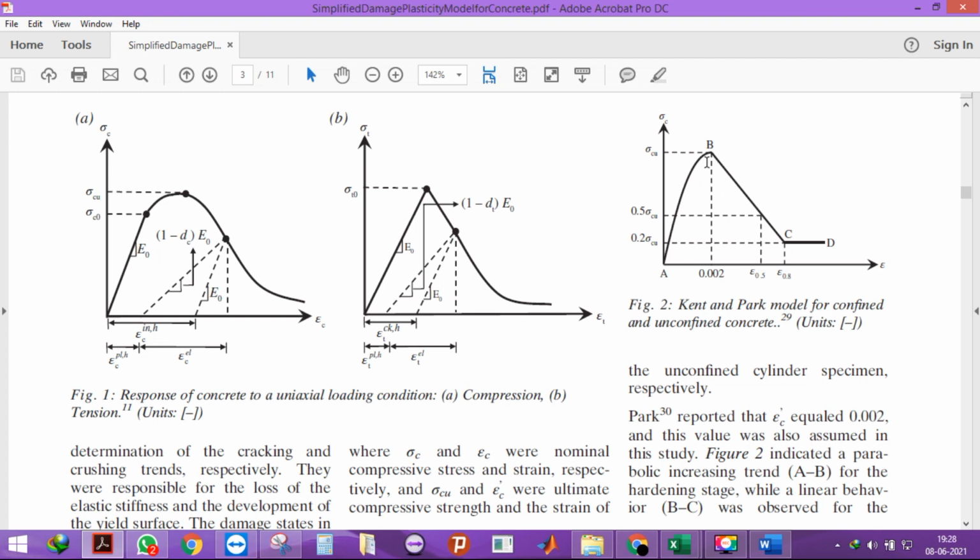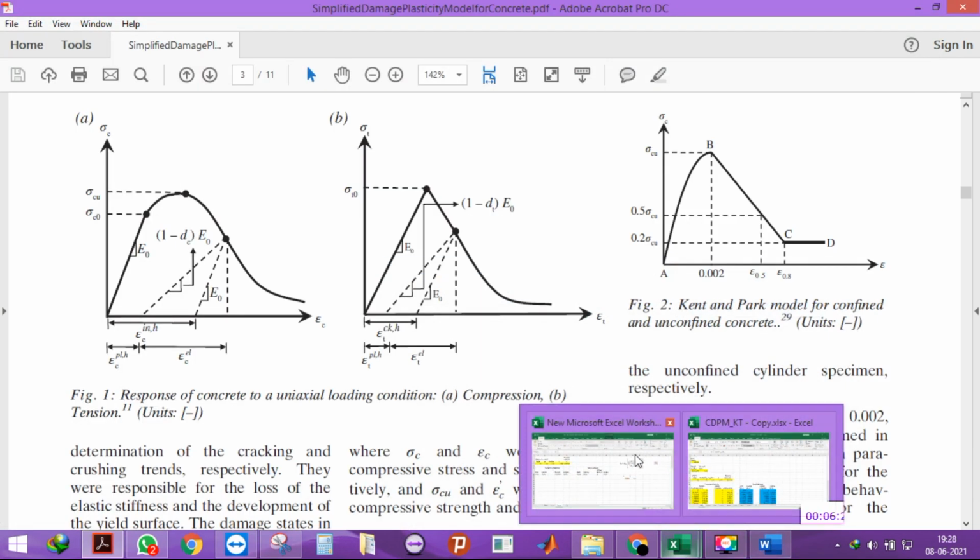The graph itself shows this is the Kent and Park model. Also, when we don't have experimental data, we need to use this type of model to get the stress strain behavior of concrete for concrete damage plasticity. And the yield stress will be taken as 0.5 times the ultimate stress.